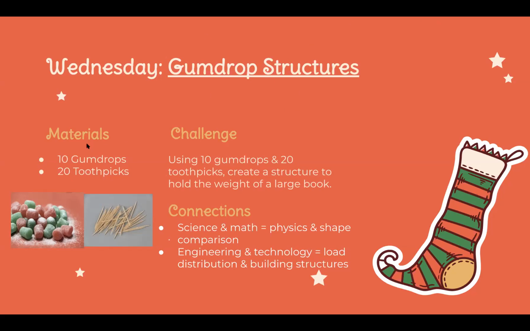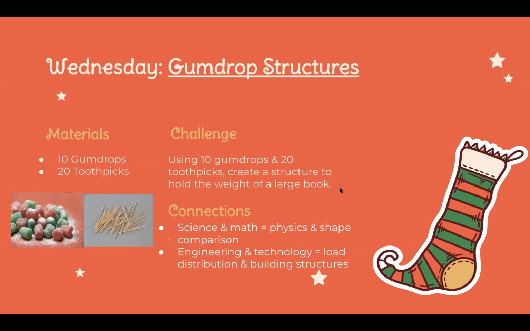So for the gumdrop structures, materials, I have 10 gumdrops and 20 toothpicks. You can make this any number that you'd like, depending on the structure that you want them to build. In this case, they're going to create a structure to hold the weight of a large book. Or think about it as holding the weight of a Christmas present or holding the weight of an ornament.